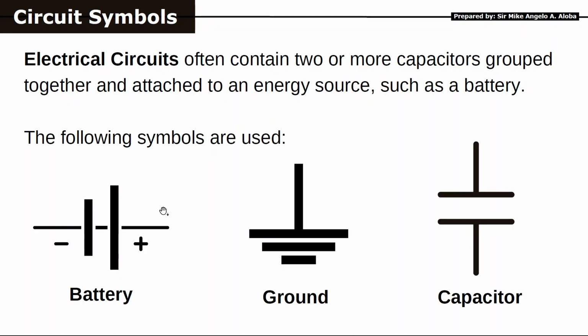We have the battery, a single cell battery, so the longer line would be your positive terminal, and the shorter one is the negative terminal of the battery. And here is the symbol for the ground, which is usually connected to the negative side of your battery. And you also have the capacitor, which is like just an equal sign, right?